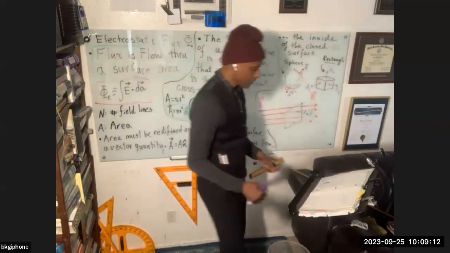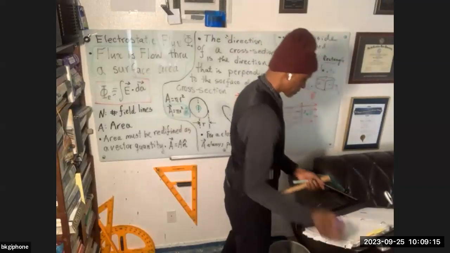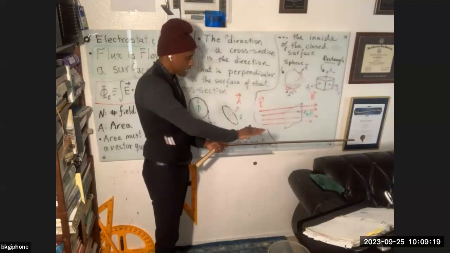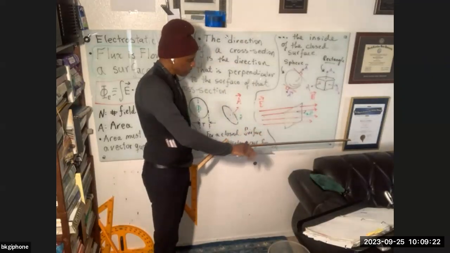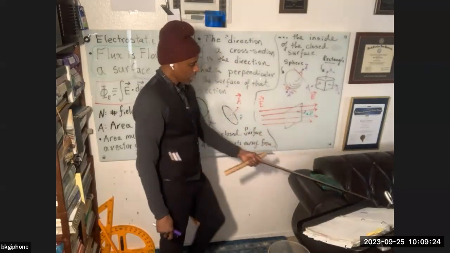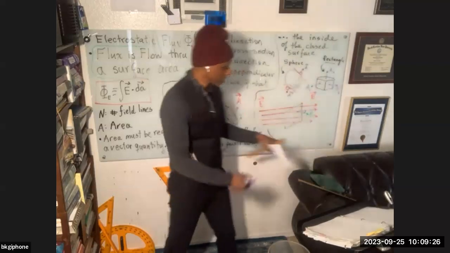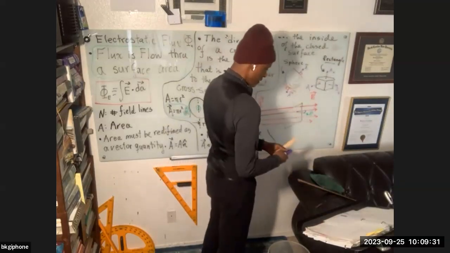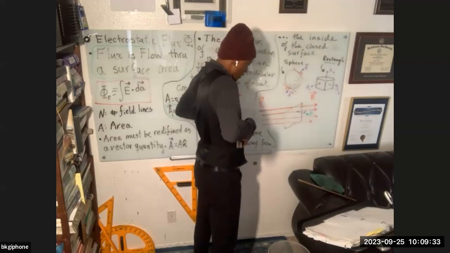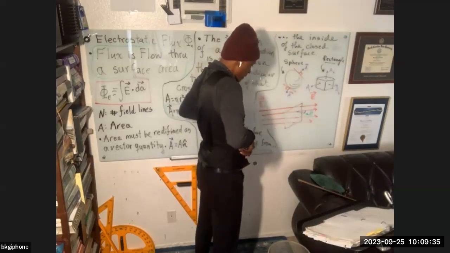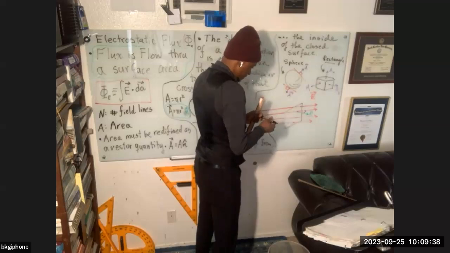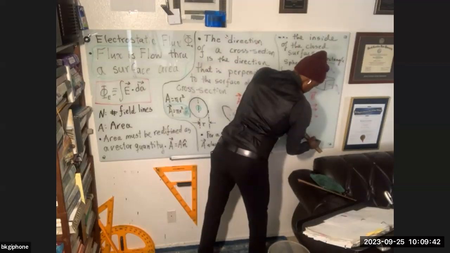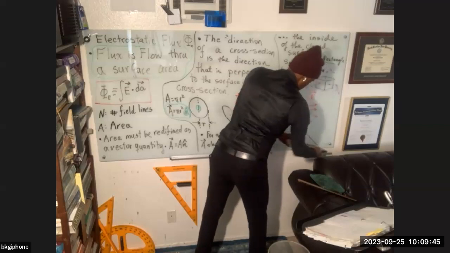I'm going to make a side view and exaggerate it so that, again, E is horizontal, pointing from your left to right. And my surface, I'm going to put it at an angle like this. So if that's the case, the side view of a surface is here, like so.